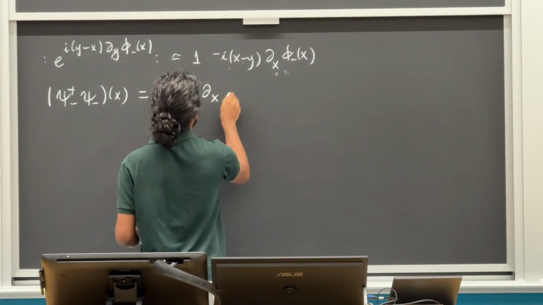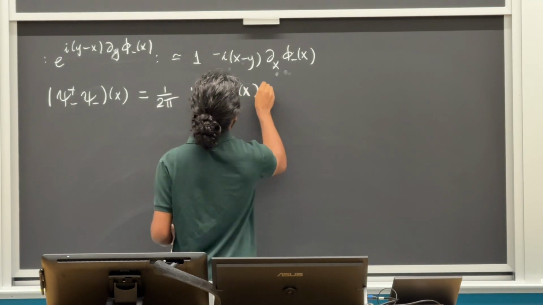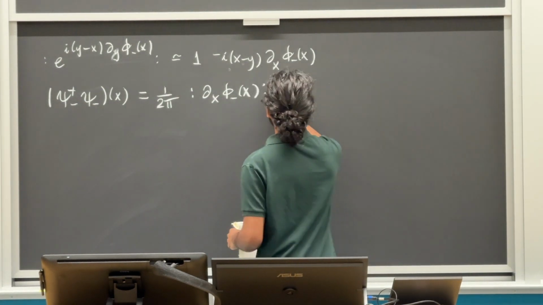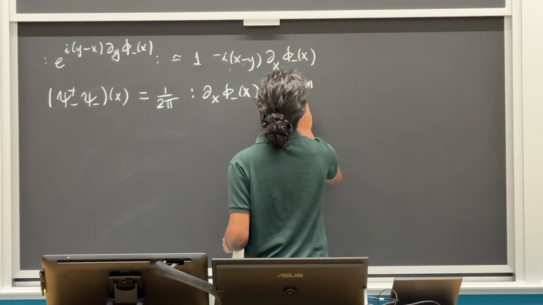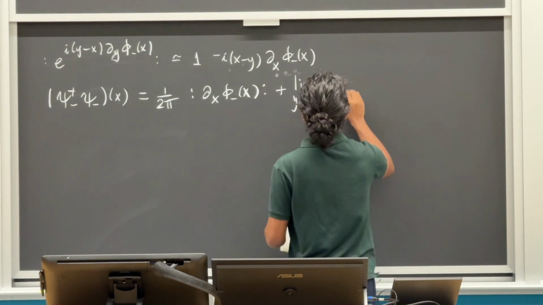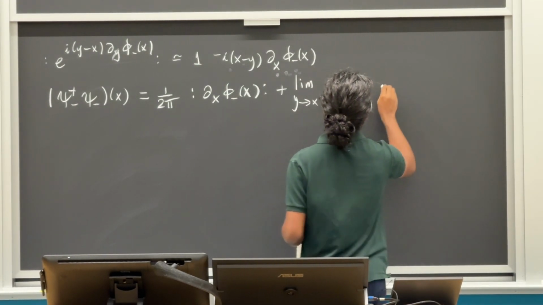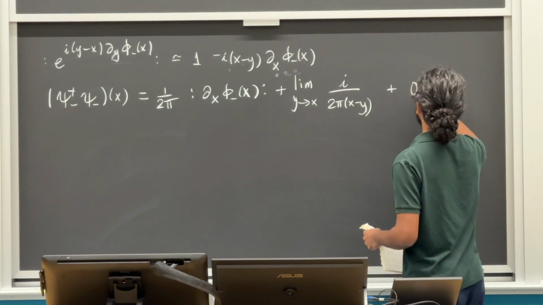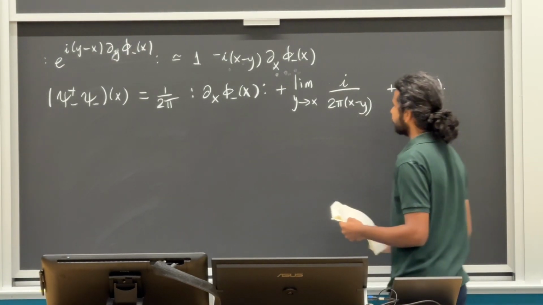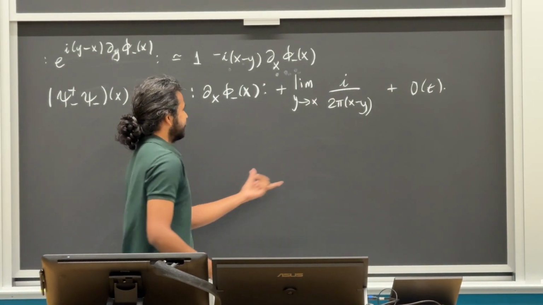I end up with this thing plus the limit y to x of i by 2 pi (x minus y), plus the epsilon terms. So we see that this thing blows up.